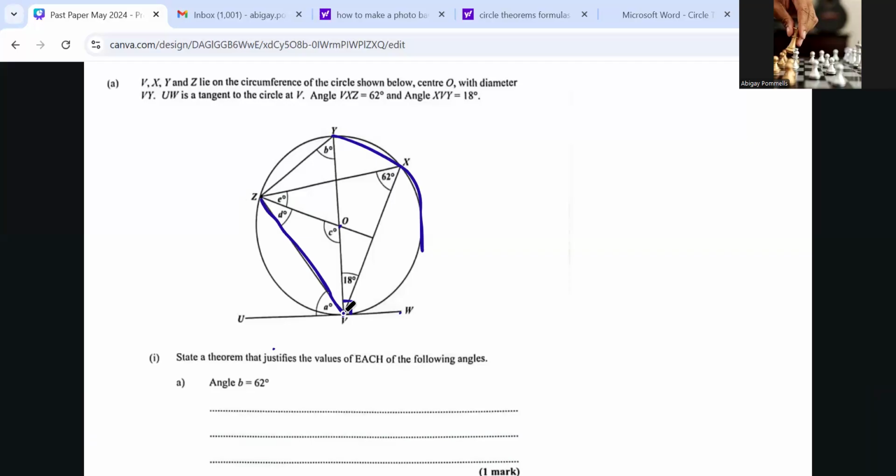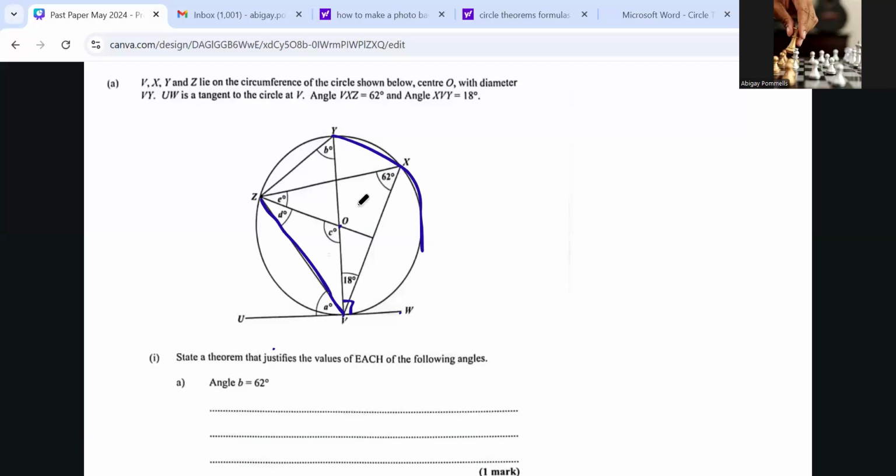Okay, so I know what it is. All right, so because this is a chord, the angle right next to the chord is going to equal the angle in the alternate segment.